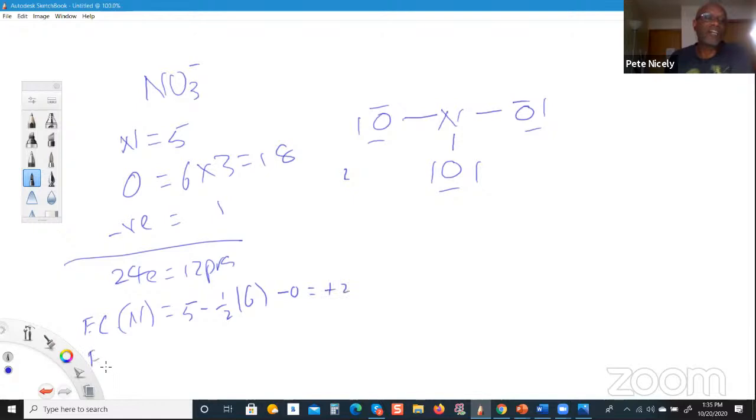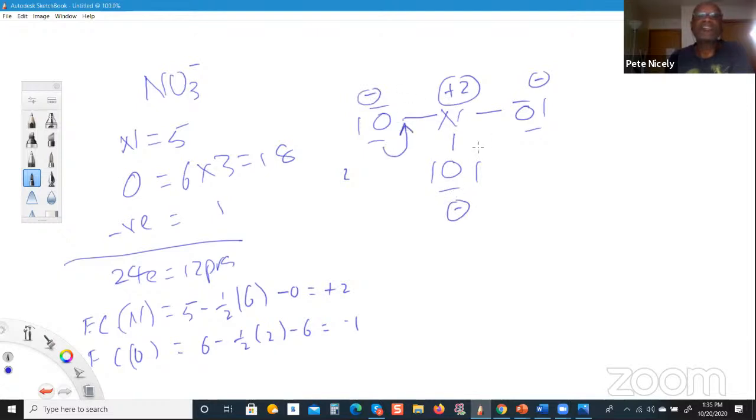And then the formal charge of each oxygen would be 6 minus half of 2 minus 6, equal to minus 1. So the nitrogen has a plus 2 charge and each oxygen has a minus 1 charge. And then we do this to form an extra double bond to get O double bond N plus 1 charge, then O minus, and then O minus.